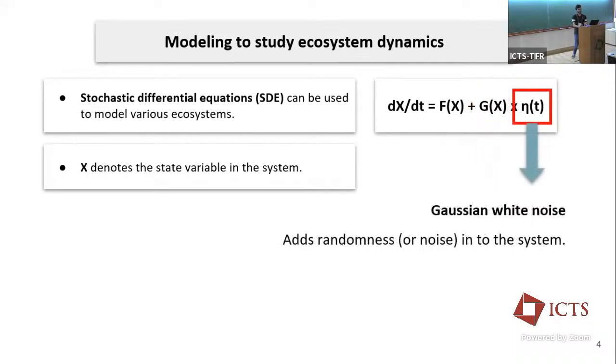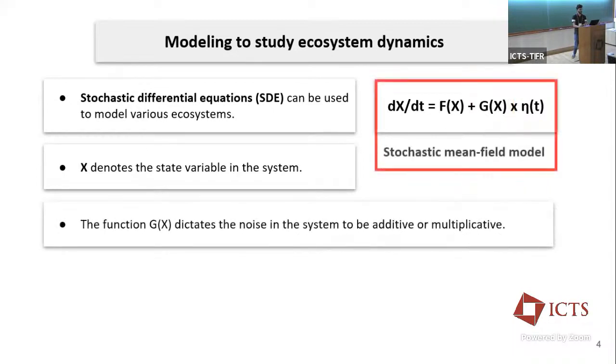And the eta term here adds white noise to the system, which adds randomness in the model. Together, these SDEs can be used to model systems, which are known as stochastic mean field models.